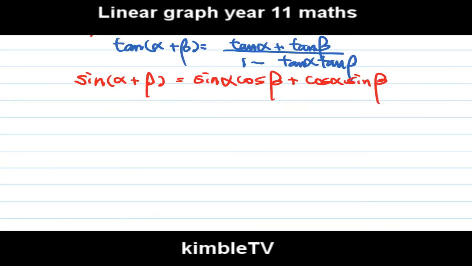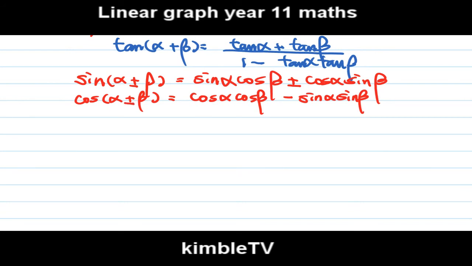In case of minus, this must be minus. And cos of alpha plus beta is the same as cos alpha cos beta minus sine alpha sine beta.